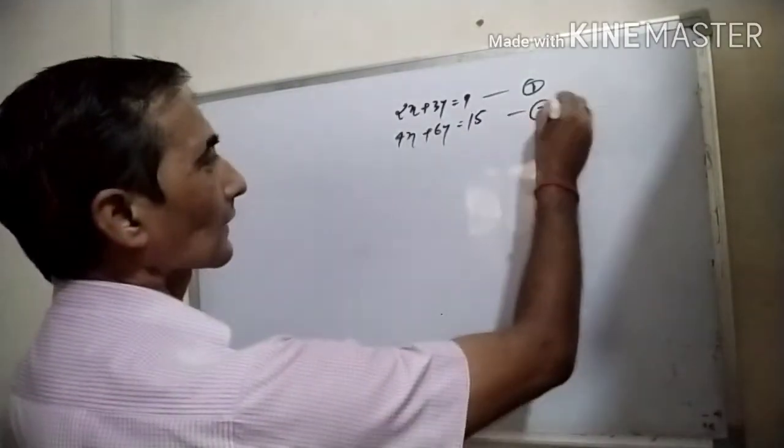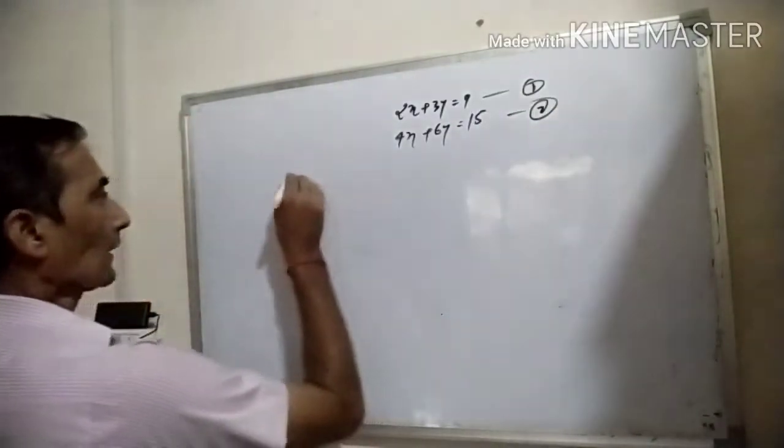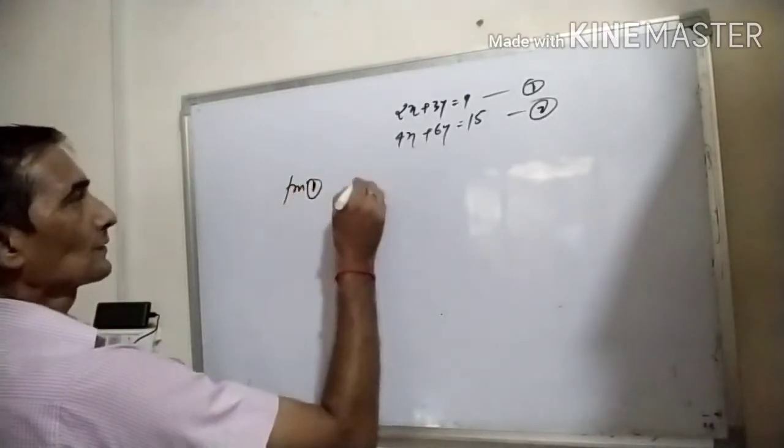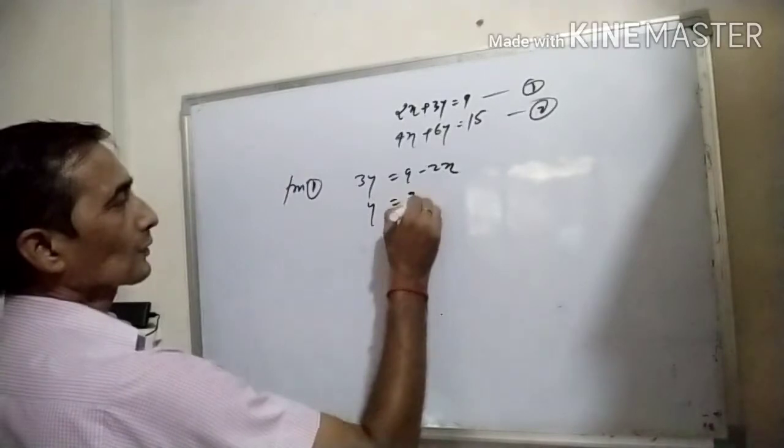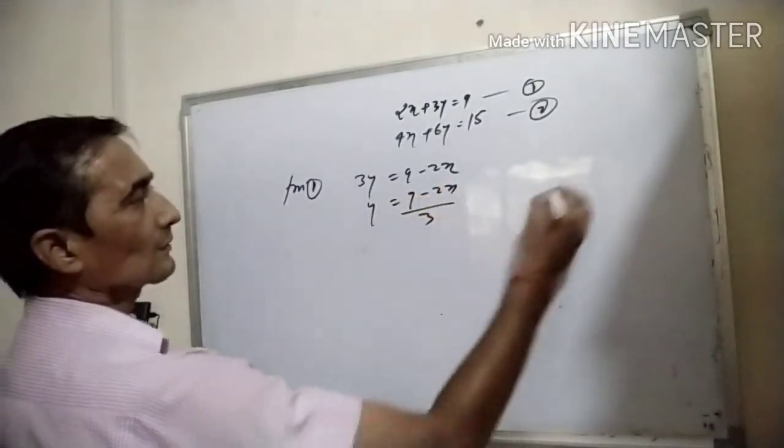Suppose that this is the second equation. Now from the first you will see 3y is equal to 9 minus 2x, y is equal to (9 minus 2x) by 3.